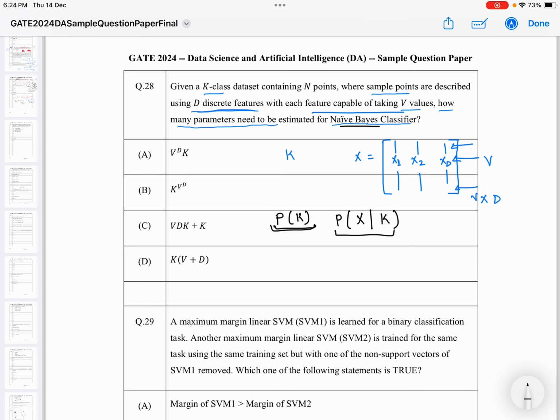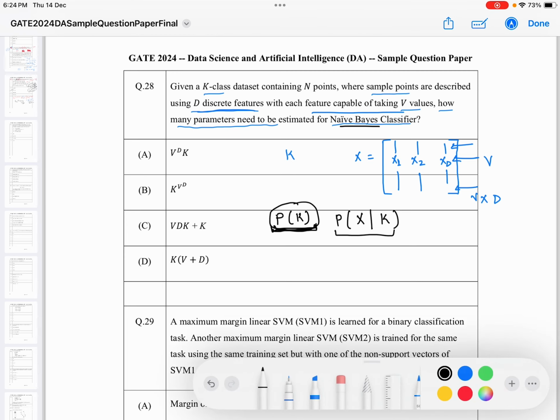Okay, now we have to find how many actual parameters we need. That is the question, right? So first of all, how many prior probabilities will there be? There will be k prior probabilities, because for each class you will find the probability.